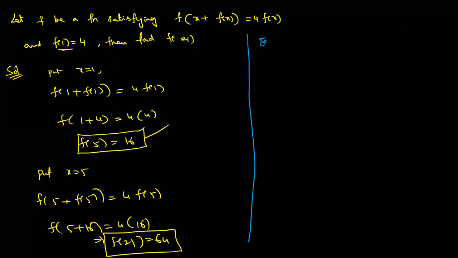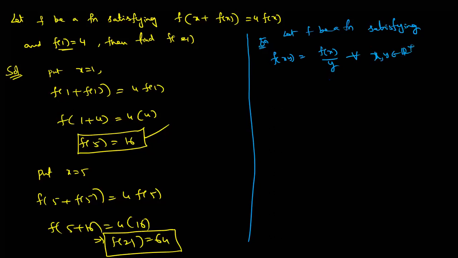Another example. Let f be a function satisfying f of xy is equal to f of x by y for all positive real numbers, meaning x comma y belong to R plus.